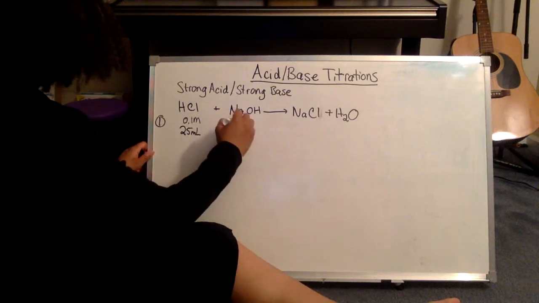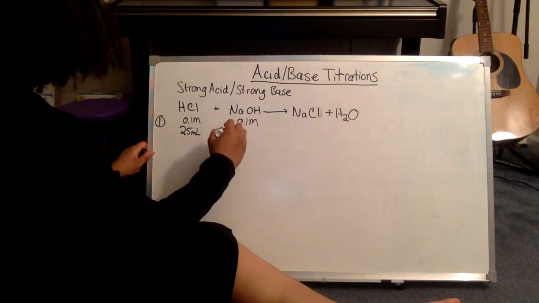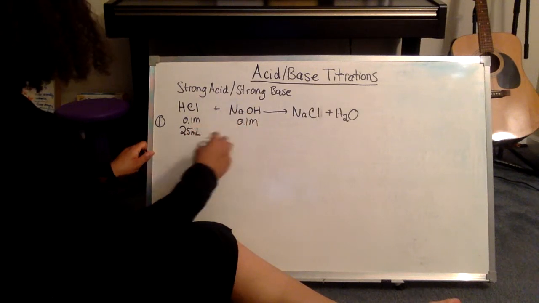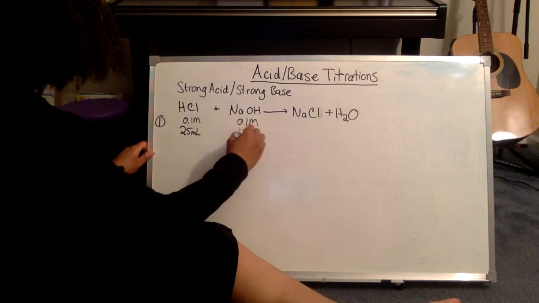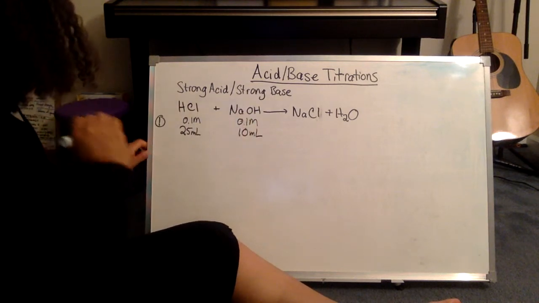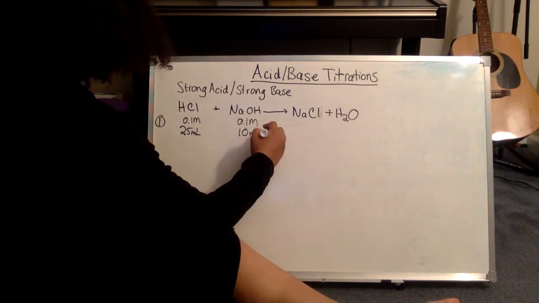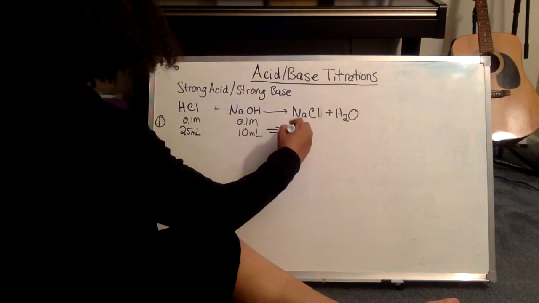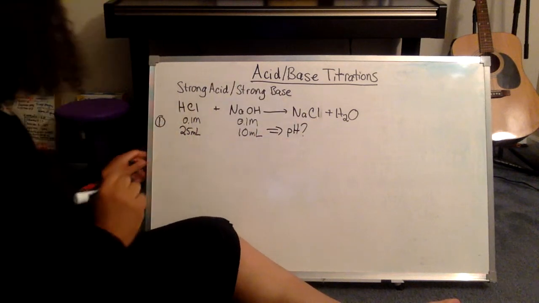Then we have 0.1 molar sodium hydroxide, and we're only going to add 10 milliliters of that. We want to figure out what the resulting pH is.